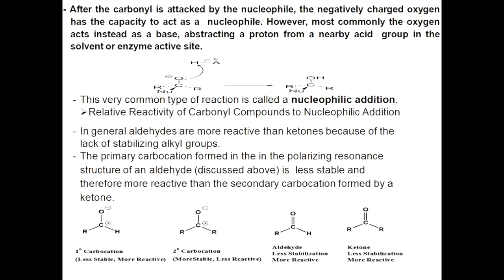Now, after the carbonyl is attacked, the protonation from the acid will give you the alcohol. These are very common reactions which are called nucleophilic addition reactions. So we can say generally carbonyl compounds will undergo nucleophilic addition reaction commonly.